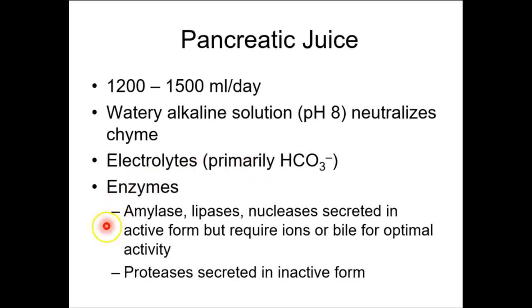So now we've discovered substances that are going to help us break down every single macromolecule of life. Amylases are going to help us break down carbohydrates. Lipases help us break down fats. Nucleases help us break down nucleic acids. And peptidases, like pepsinogen, are going to help us break down proteins.